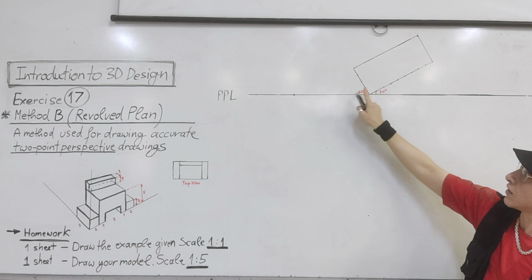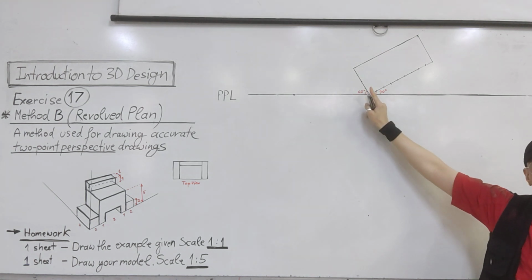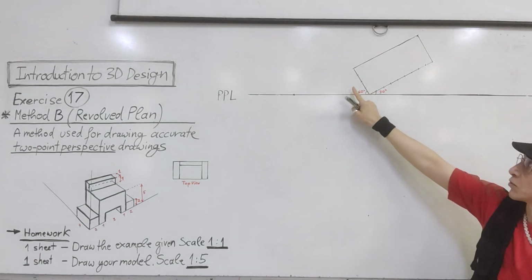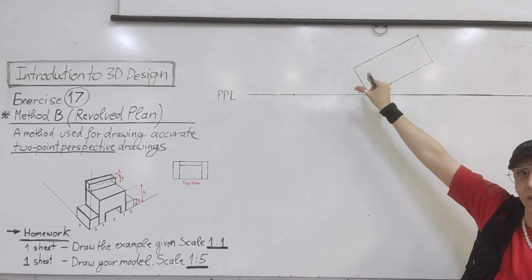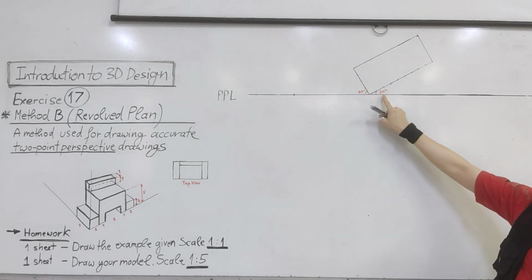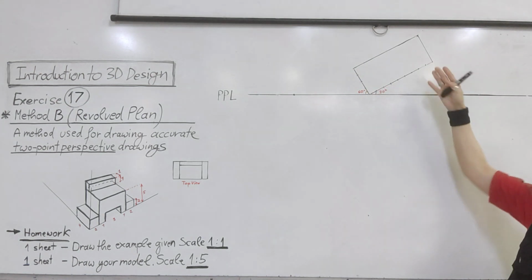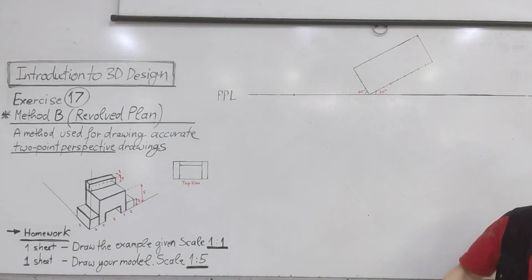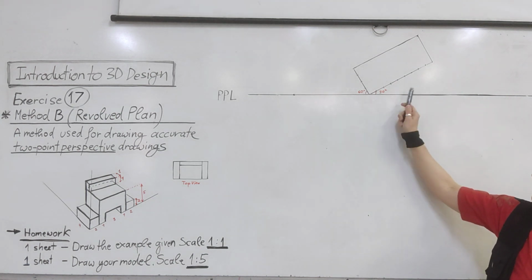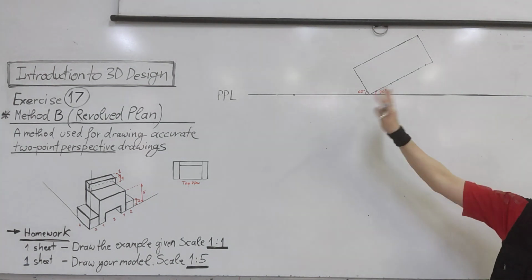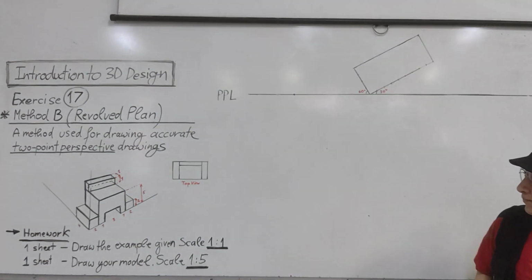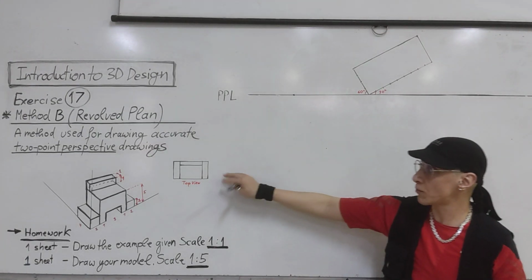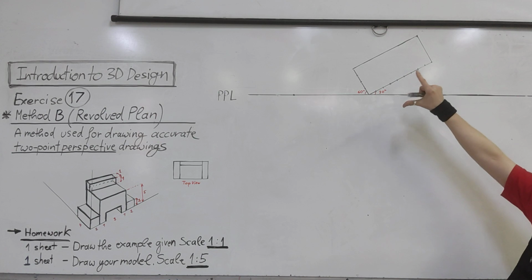If the 60 is here, we see less from the side. So if I put 60 on this side, I will not see it that well. The 30 degree side, we can see more details. So which side do you want to show more details? This is the one you will put the 30 degree on. So we have 60 and we have 30, either here or the opposite way. And this is the top view, take it, just rotate it.